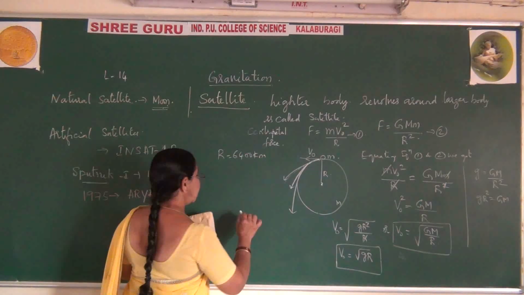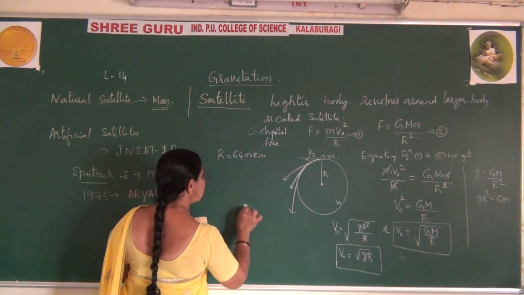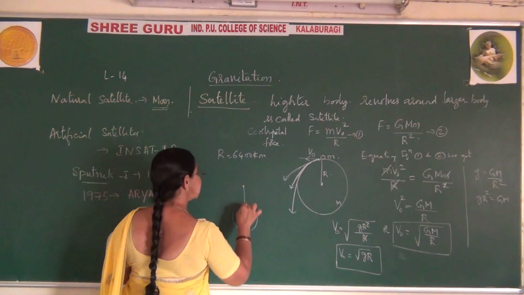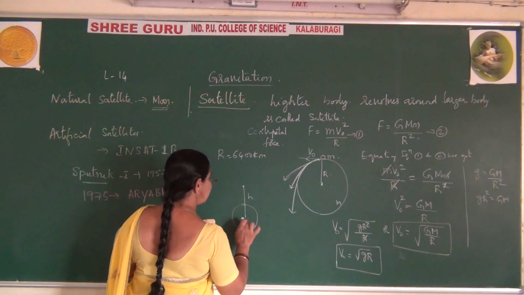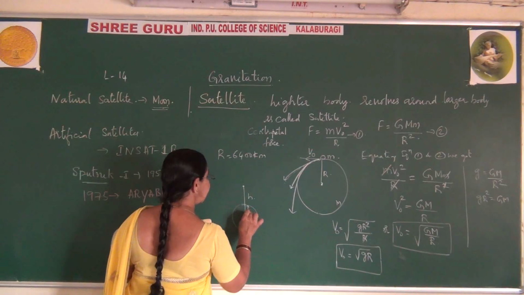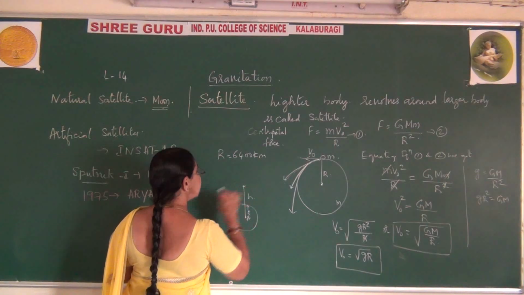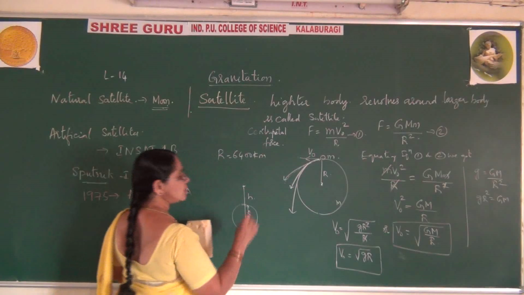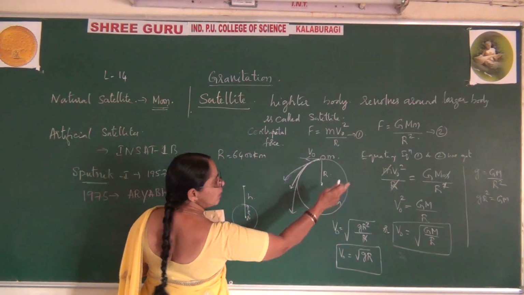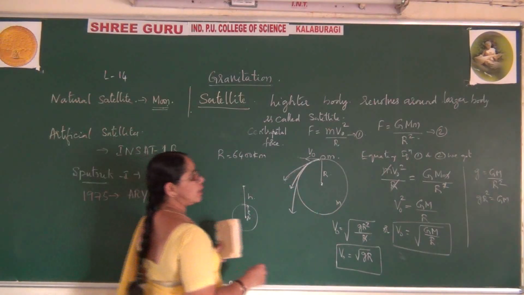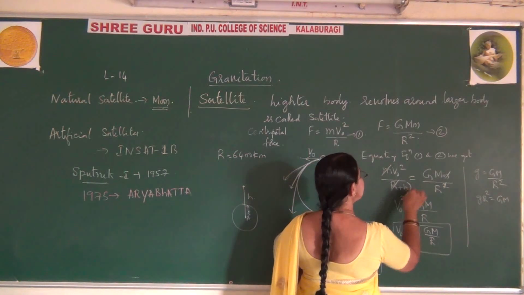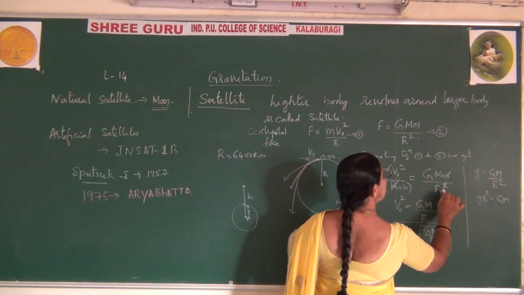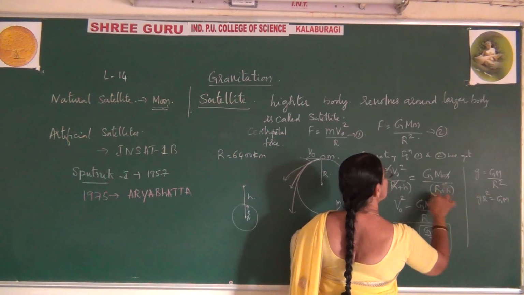For example, if I make the object move at some height h, the distance from the center is r plus h. At that time, our expression becomes, wherever you have r, it becomes r plus h, and the whole square becomes r plus h whole square.